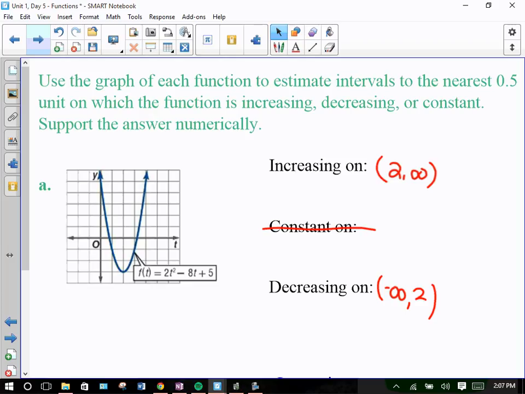Now, your homework says support your answer numerically. I don't need to do that, because what they really want you to do is create a table where you choose like 4 x values and say, okay, see the y values going down. I got a graph. Clearly it's going downhill from negative infinity to 2. Okay, clearly I don't need to make a table. That's doing too much.